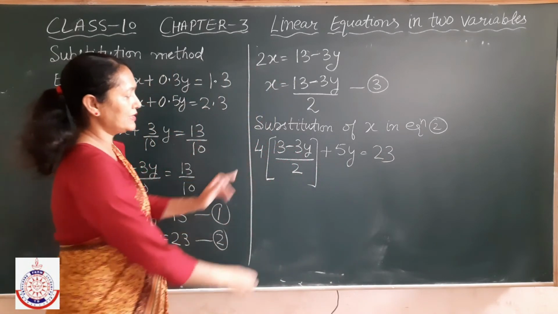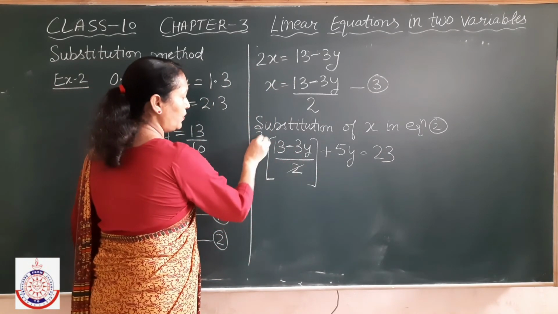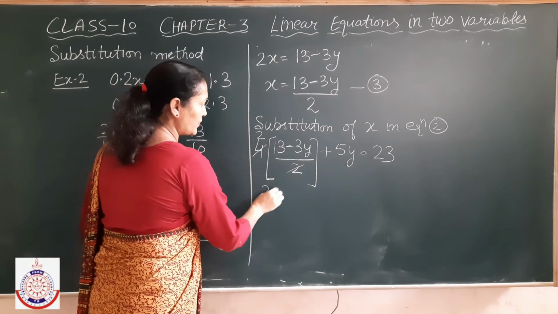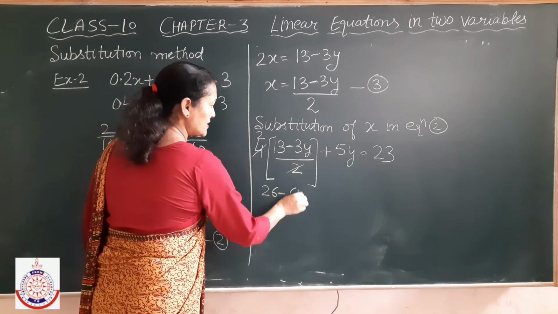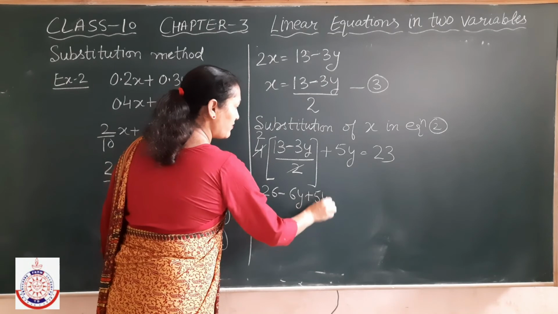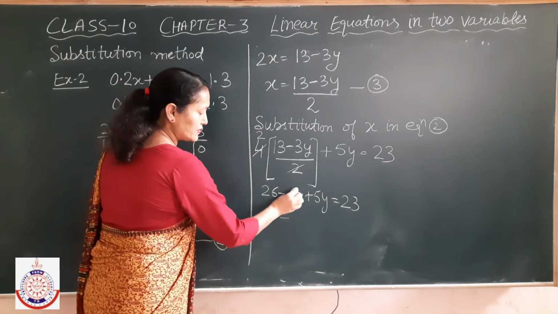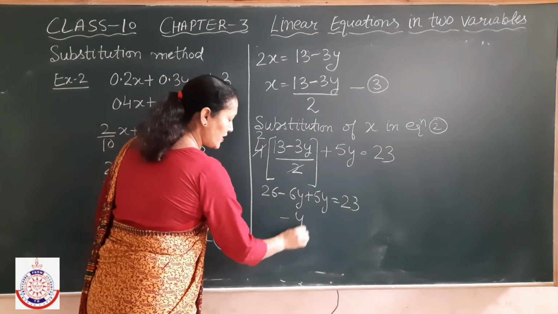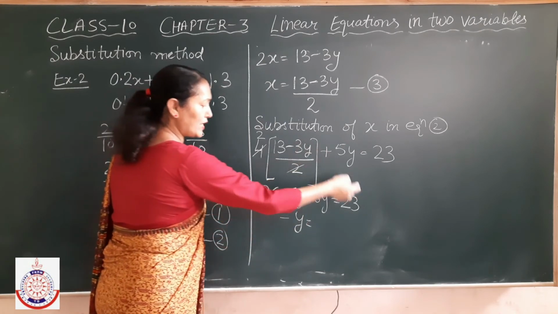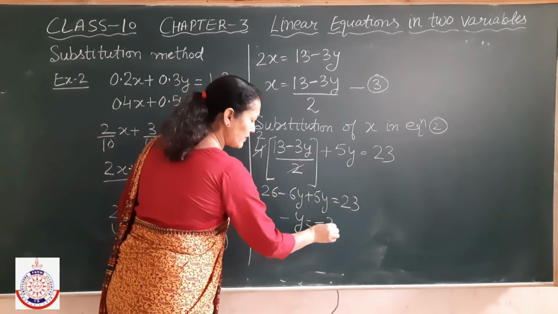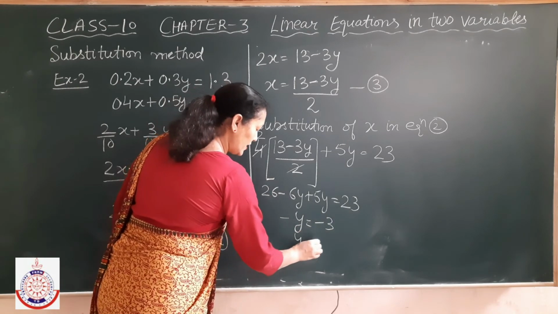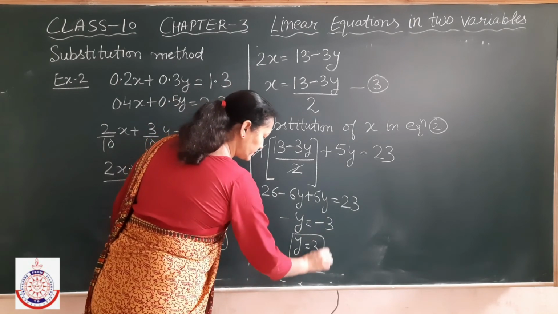Now cancellation can be done: this 2 and that 2, and the 2 goes inside. We have 26 minus 6y plus 5y equals 23. Minus 6 and plus 5 gives minus y, and 26 goes to the other side. 23 minus 26 will be minus 3. So y comes out to be 3.